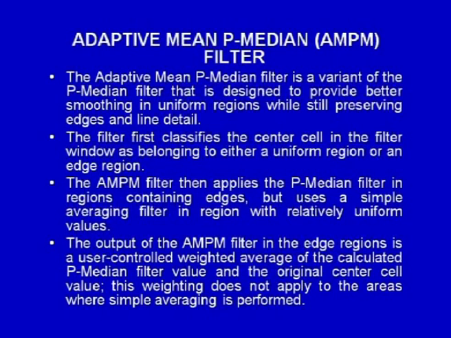The AM-PM filter then applies the P median filter in regions containing edges, but uses a simple averaging filter in regions with relatively uniform values. The output of the AM-PM filter in the edge regions is a user controlled weighted average of the calculated P median filter value and the original cell value. This weighting does not apply to the areas where simple averaging is performed.